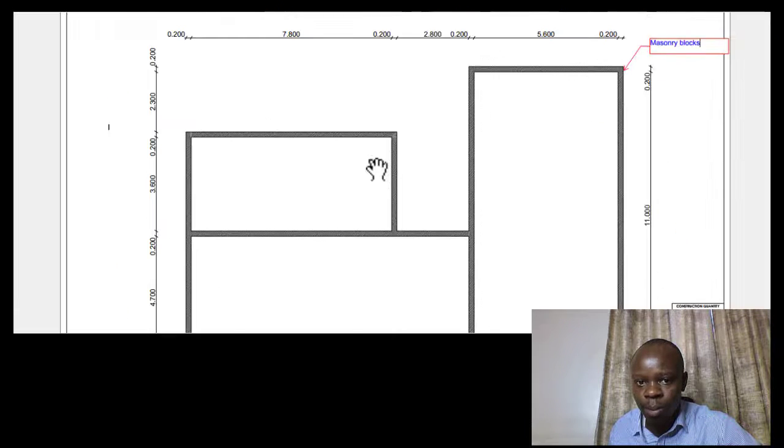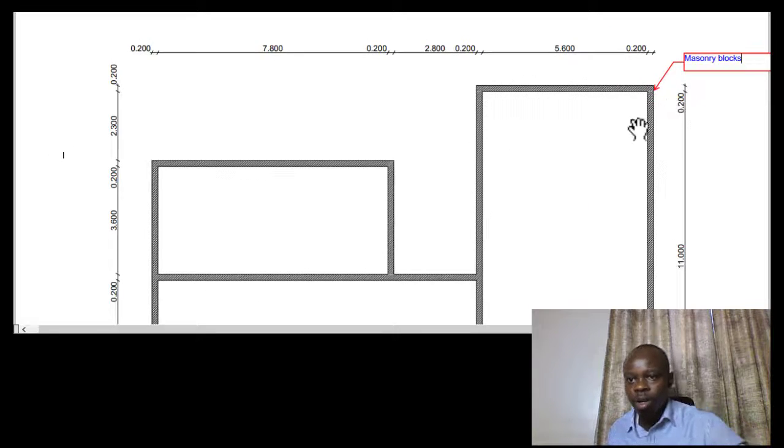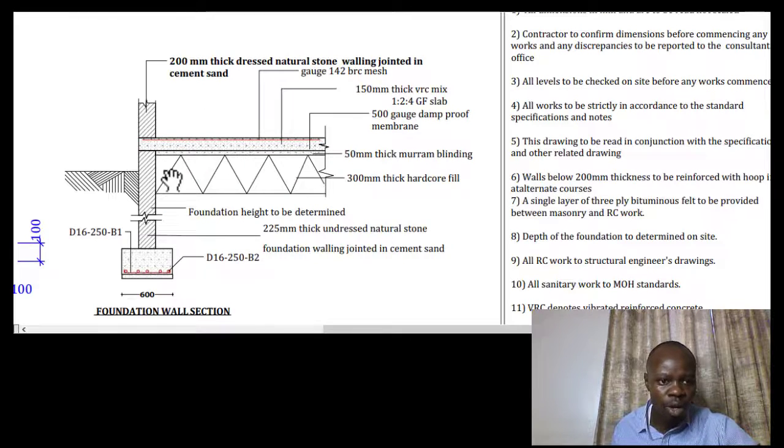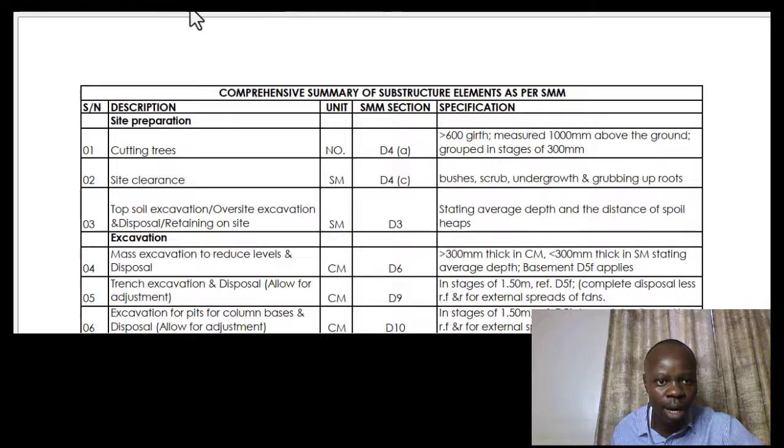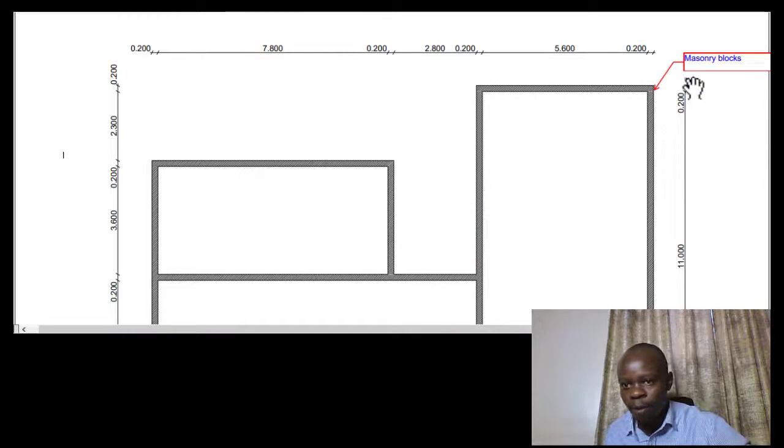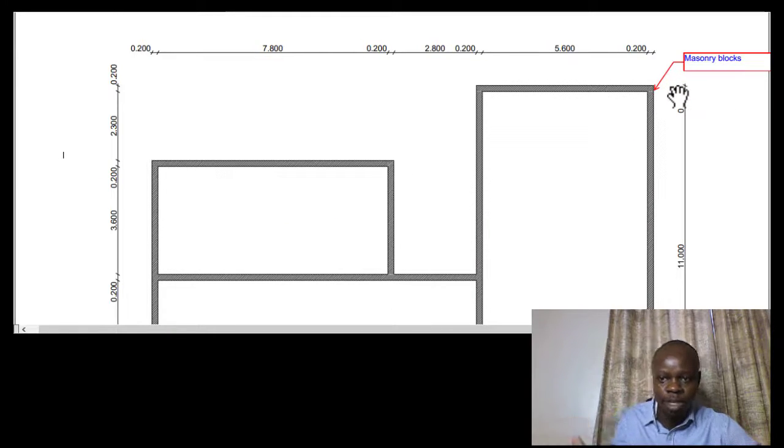And for the masonry block, when you relate it to the footing detail, you need to understand that the external face of that masonry block is what has been represented here.